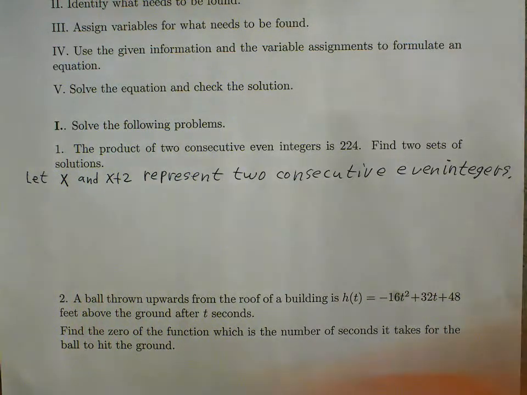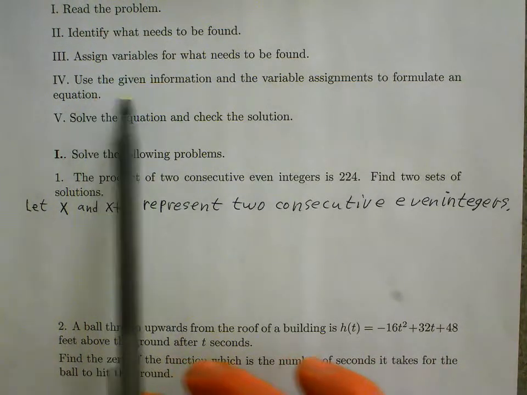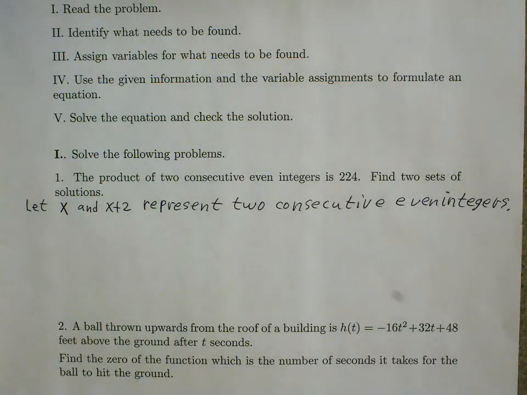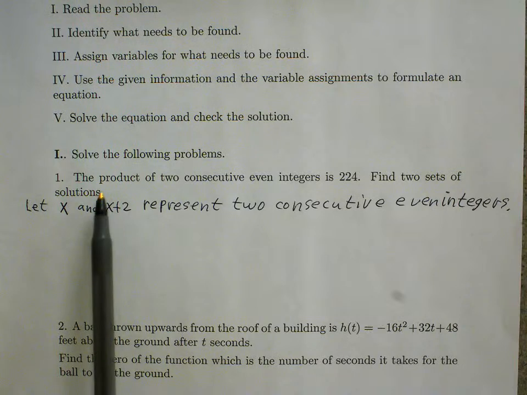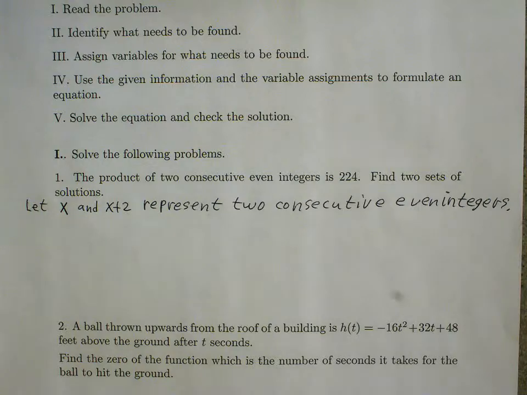Okay, then in part 4 of our step-by-step procedure, use the given information and the variable assignments to formulate an equation. So in the problem, it says the product of two consecutive even integers is 224. So I can use the given information and my variable assignments to write down an equation. So any ideas on what that equation should be? Would it be x times x plus 2 equals 224?